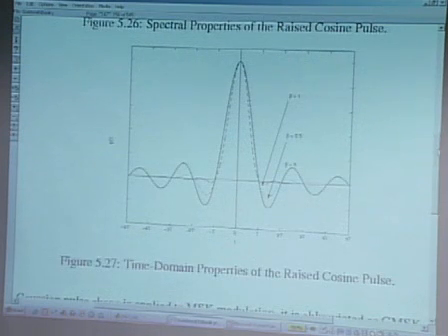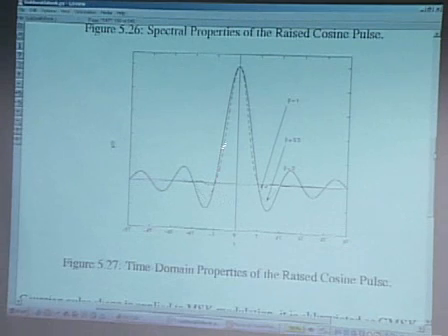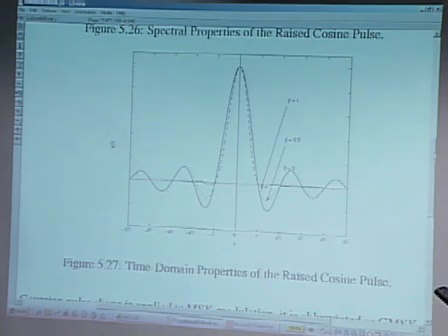They have pretty significant side lobes, as you can see. So you may wonder, how come these don't have ISI? Imagine I take this one and put another one shifted by T. You think they're going to be ISI free? They are, but do you doubt it?